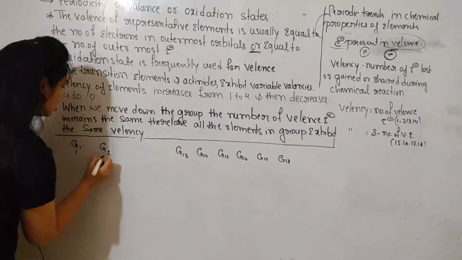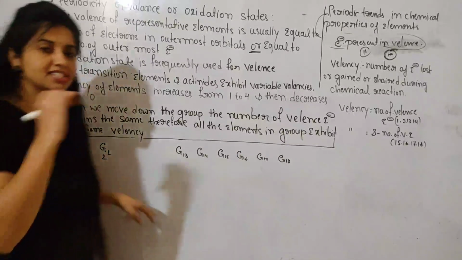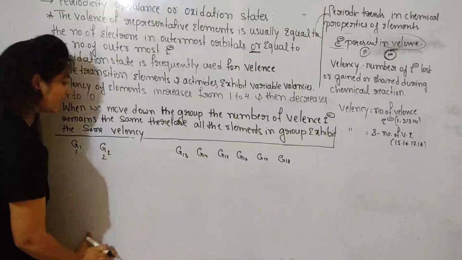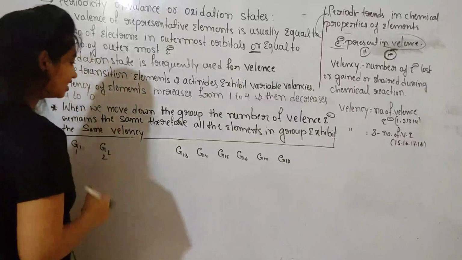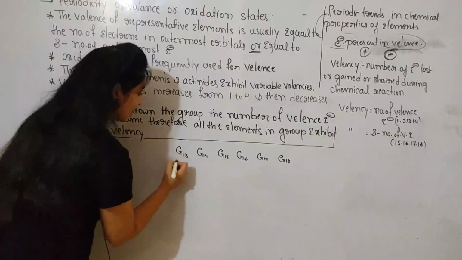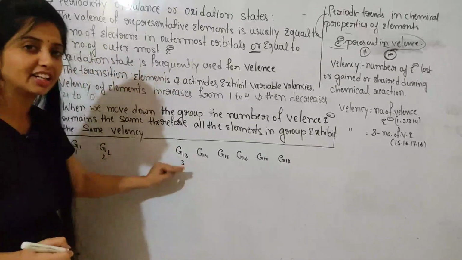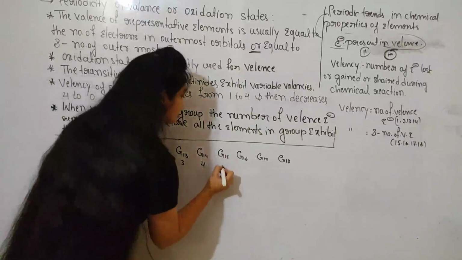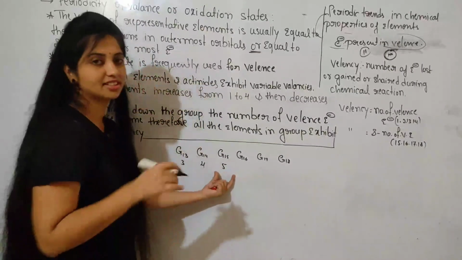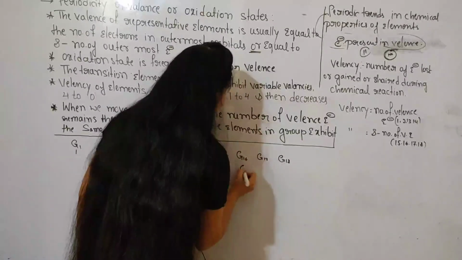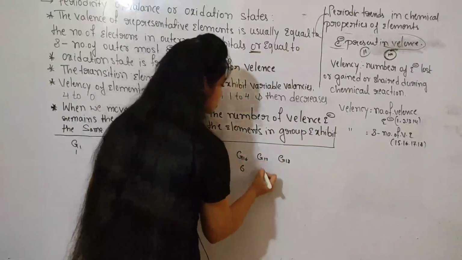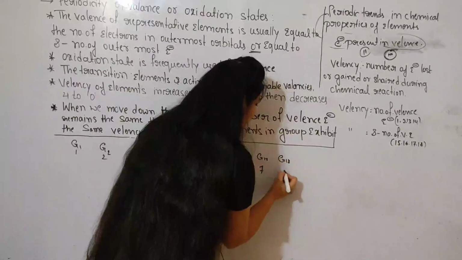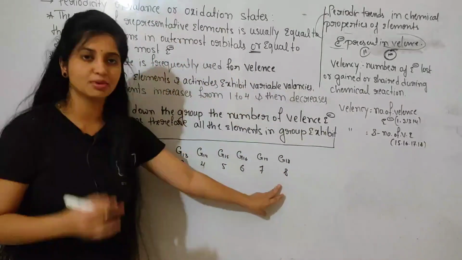And in the second group we have 2 electrons in their outermost shell, so the valence electrons of group 2 elements are 2. Like this, in group 13 we have 3 electrons, group 14 has 4 electrons, group 15 has 5, group 16 has 6, group 17 has 7, and group 18 has 8 electrons in their outermost shell.